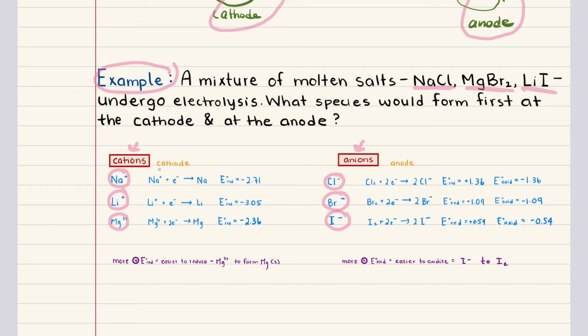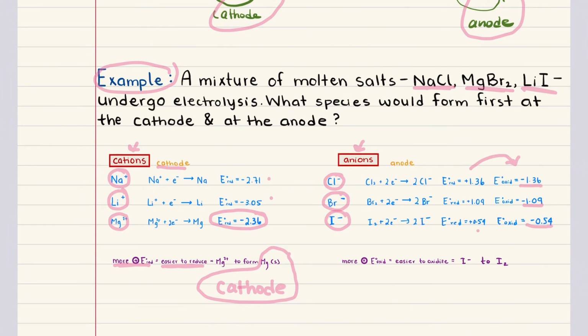At the cathode, we compare which cation has the most positive reduction potential and is therefore most easily reduced. Magnesium 2 plus has a reduction potential of negative 2.36 volts, which is more positive than sodium and lithium. So that means magnesium 2 plus will be reduced and it forms magnesium metal at the cathode. At the anode, we compare the oxidation potentials of the halides.